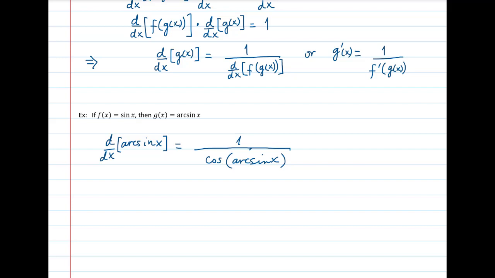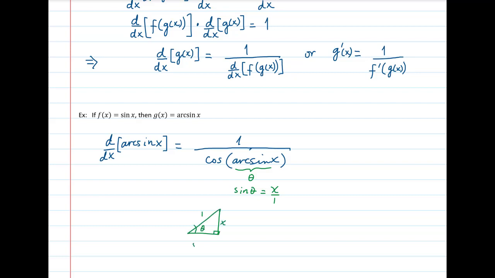Now, to get an algebraic expression, we'll need to rewrite cosine of arcsine of x in terms of x. This was a skill that you learned in your trigonometry class. I'm going to let arcsine of x be theta. By definition of the inverse sine, sine theta is equal to x over 1.